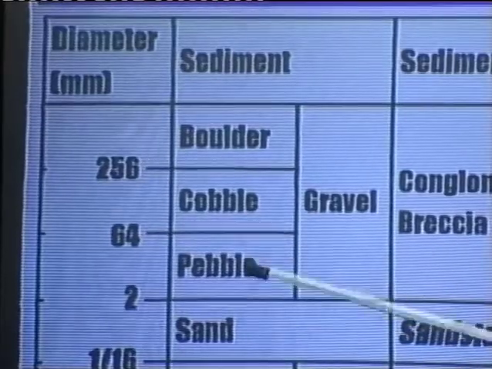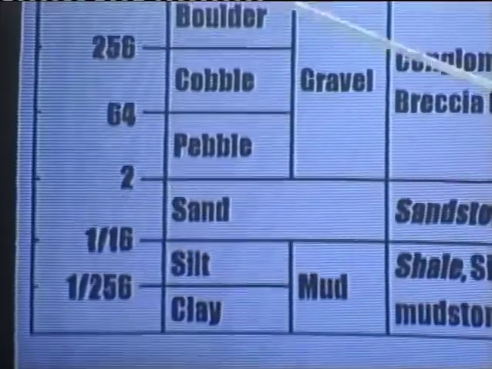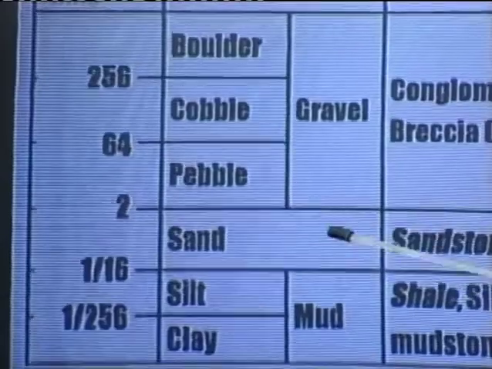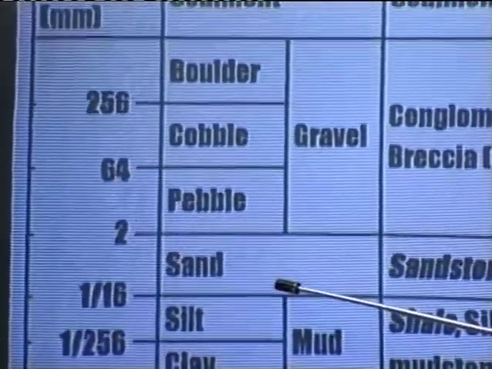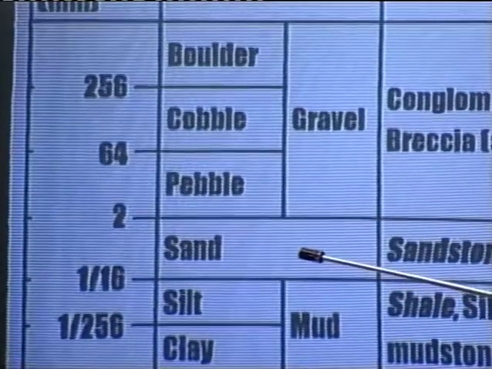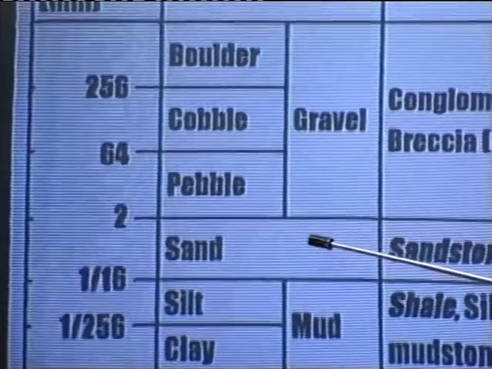Sediments between 1/16 and 2 millimeters can be classified as sand. To imagine sand, we can think about the beach and what the sand grains would look like.